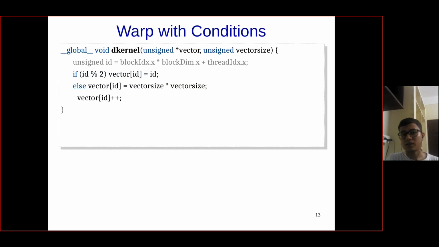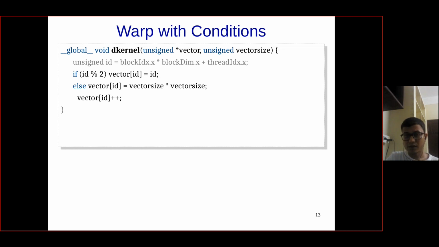Okay, so as I told in the previous slide, each and every thread of a warp executes in lockstep fashion. With this, let us examine this code snippet. Let us assume that this kernel, named D kernel, is launched with 32 threads, which is exactly one warp.